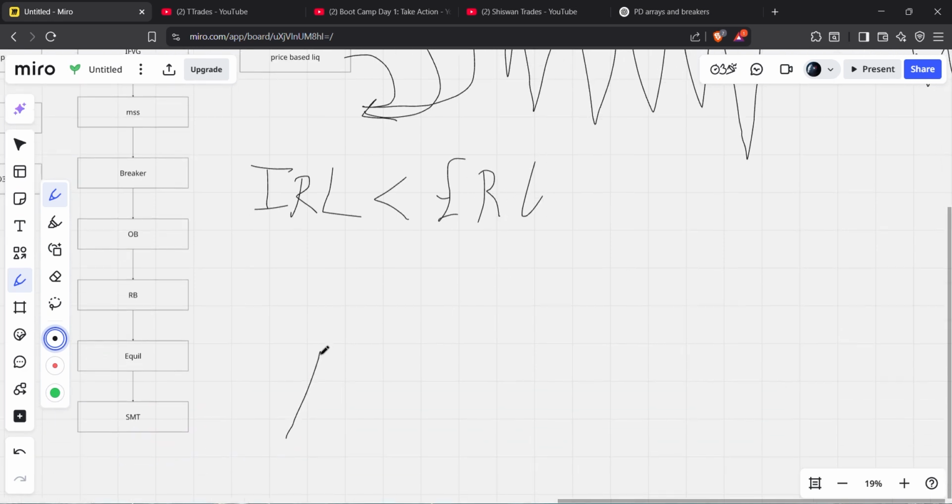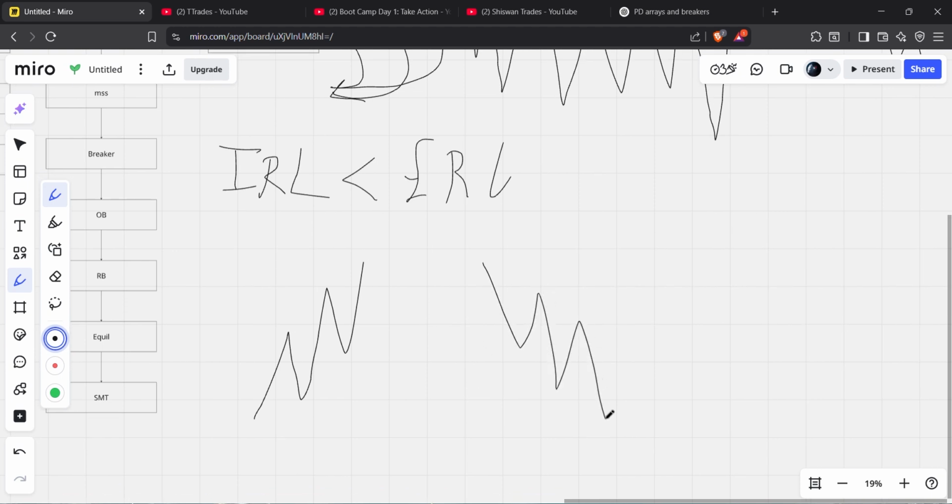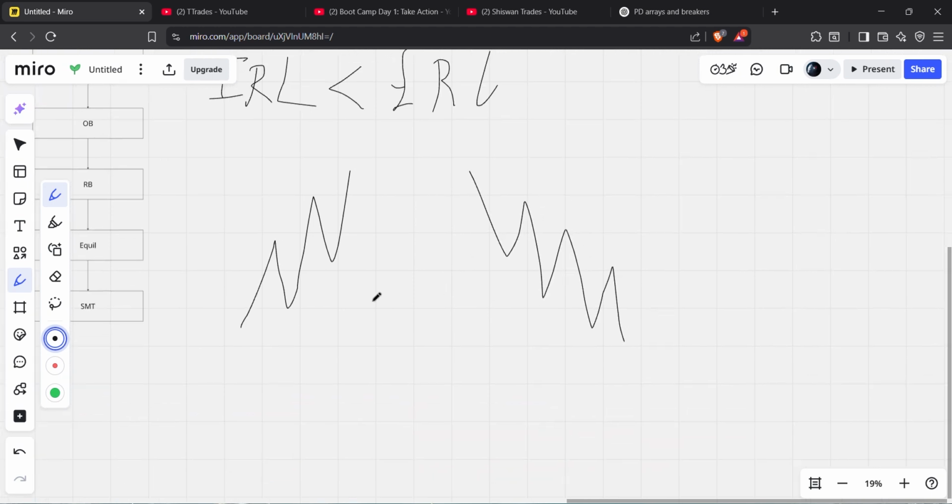Okay, so as we said, the market is either going up like that or going down. While the market is going up, those are going to be the target liquidities. So this is going to be the external liquidity that we want to go for.